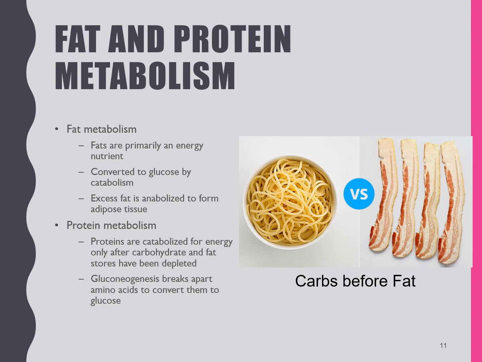So let's say carbohydrates are off the plate, so to speak. The next favorite thing for the body to metabolize are fats. And fats are converted to glucose by catabolism, so they're broken down. The products of fat catabolism are fatty acids and glycerol, and extra ones get stored in the adipose tissue. Isn't that awesome?